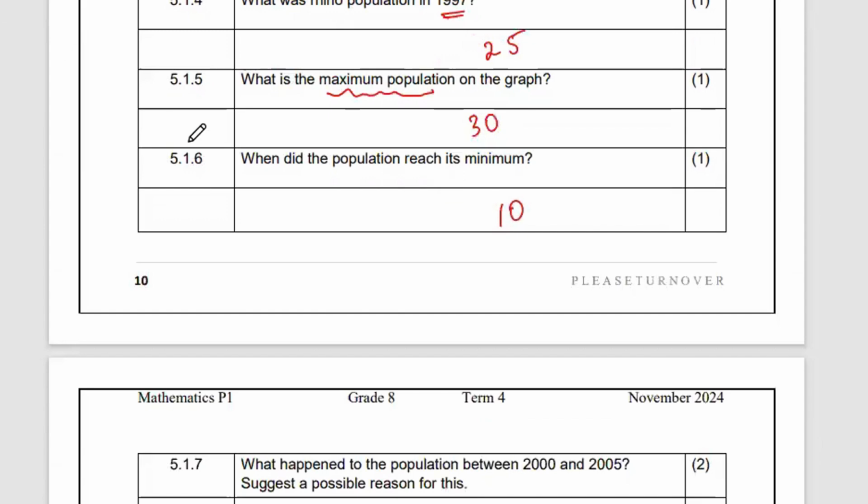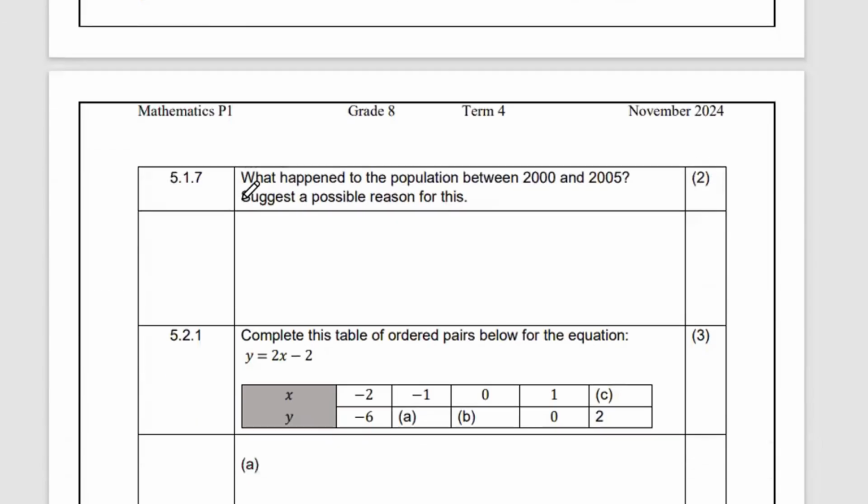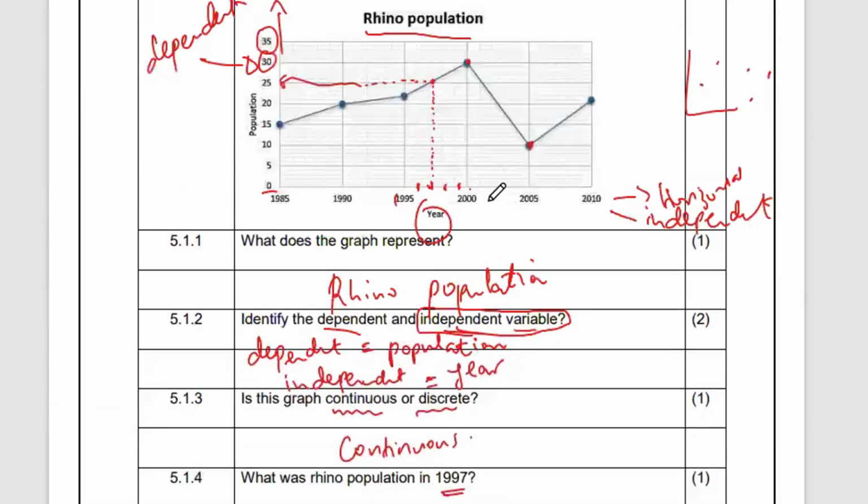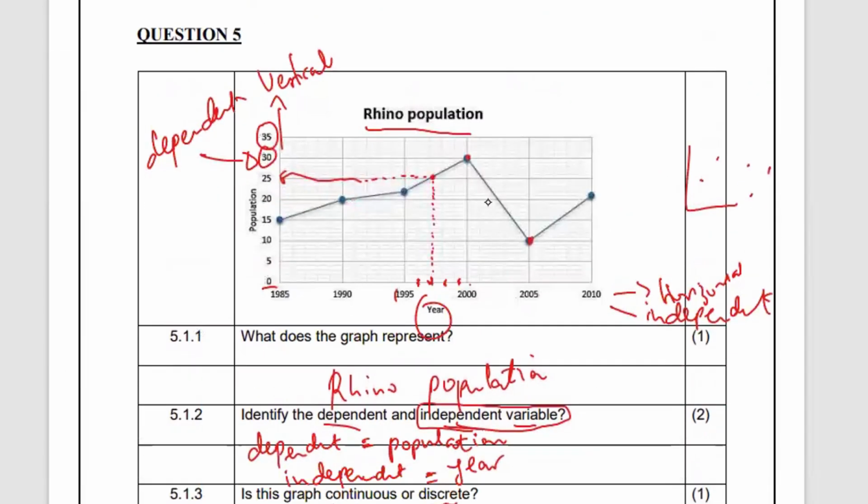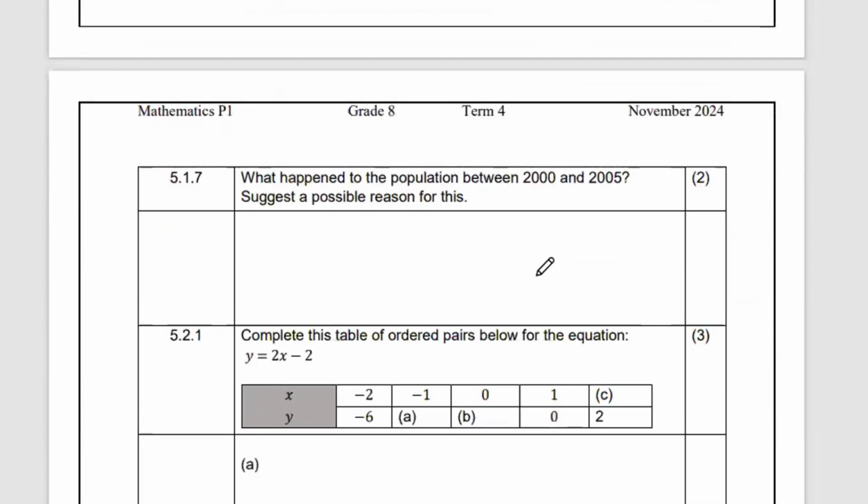All right. Then 5.1.7, what happened to the population between 2000 and 2005? So 2000 is here. 2005 is here. We can see that the graph is dropping downwards. And we know that this kind of trend is what we call a decrease, okay? So we're going to say that the population decreased.